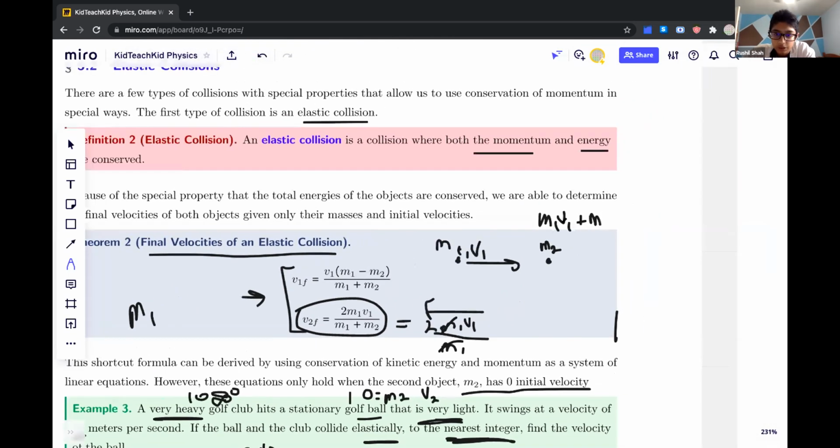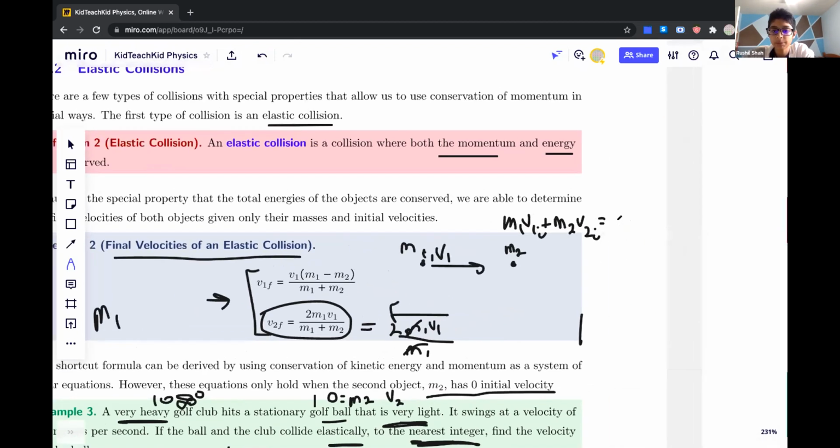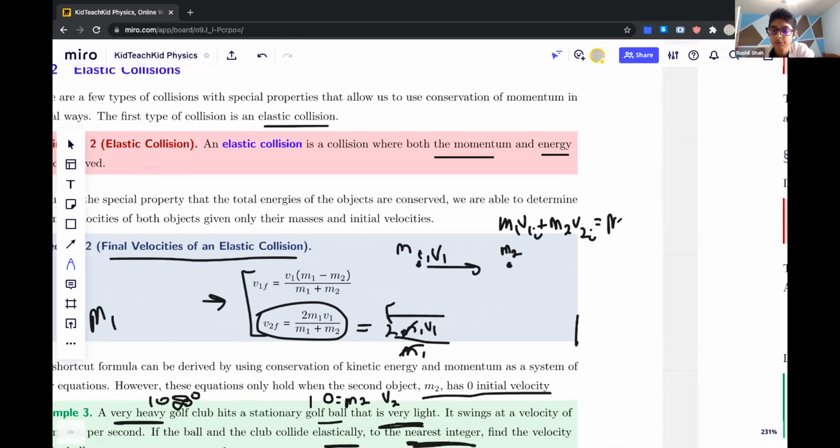So the initial momentum is going to be m1 v1I plus m2 v2I, where I just means initial. And this is equal to, according to conservation of momentum, m1 v1f, so the final velocity for object 1, plus m2 v2f, the final velocity for the second object.